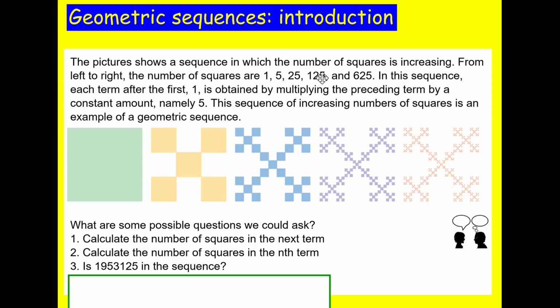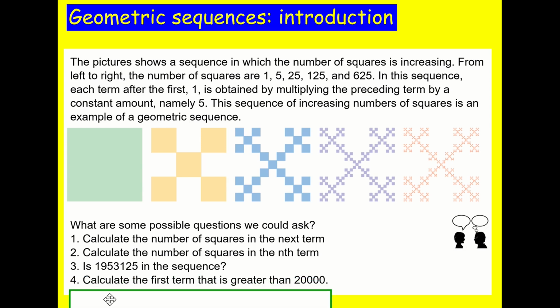There's no way we're going to then jump back to 2 at any point. And then you might be interested in things like calculate the first term that's greater than 20,000. So just a few questions. You might have some other ones. The main ones I'm looking to get from you are probably these two. The next term is quite a common one that's asked, and the nth term as well.